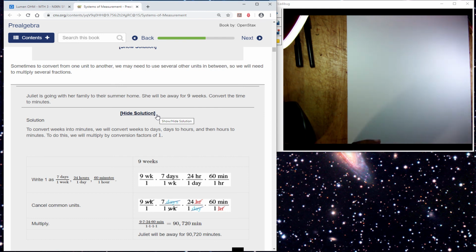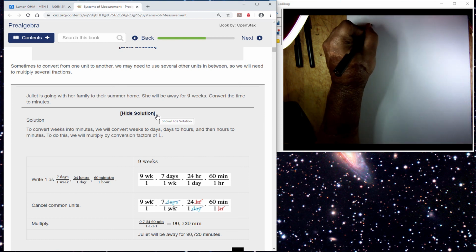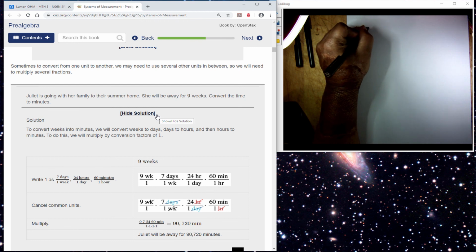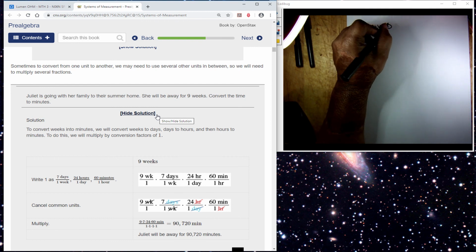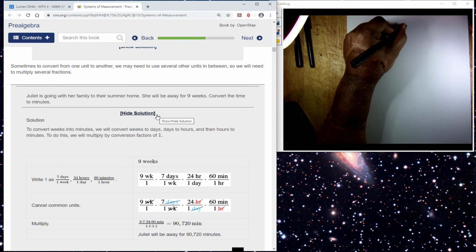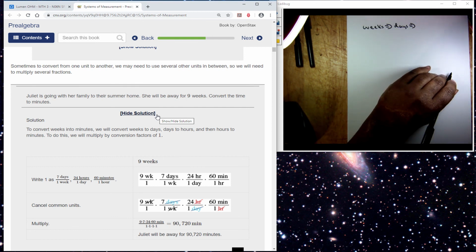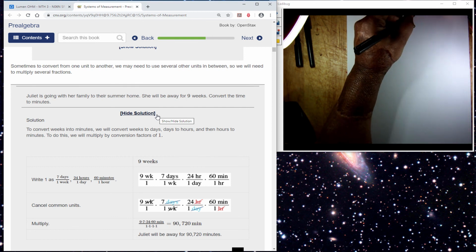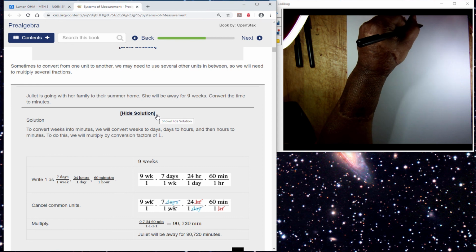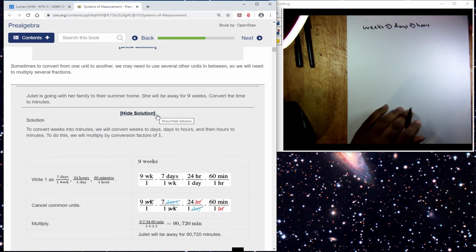There may not be a direct relationship, but what we can do is go from weeks to days, and then from days to hours, and then go from hours to minutes.